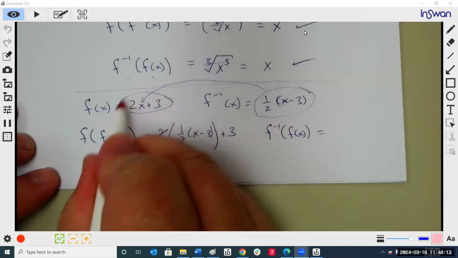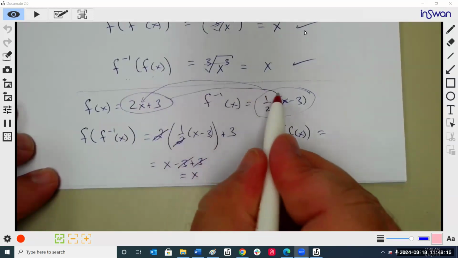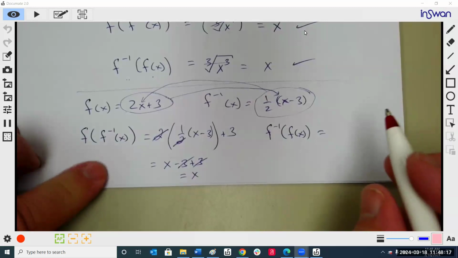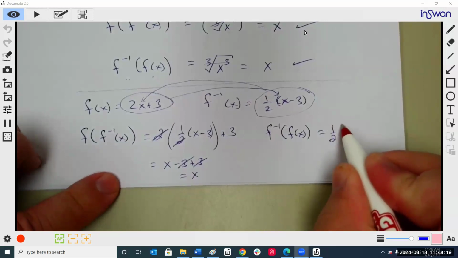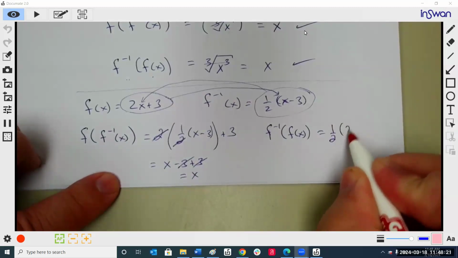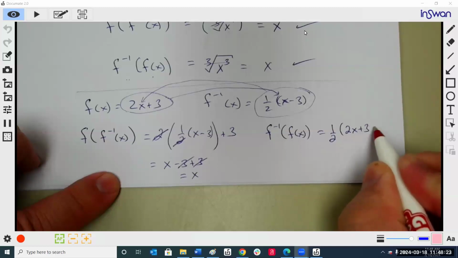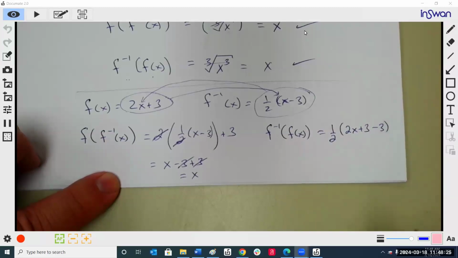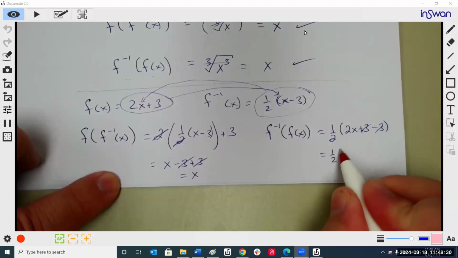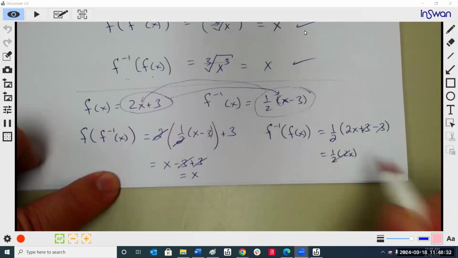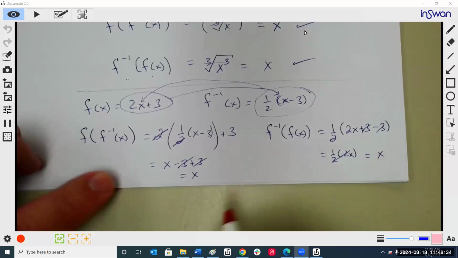So now we take this equation, plug it in place of x there. 2x plus 3 minus 3. So it works.